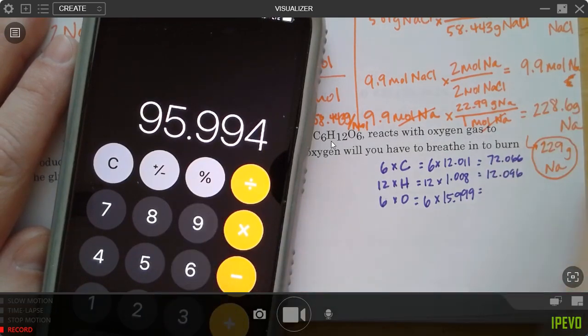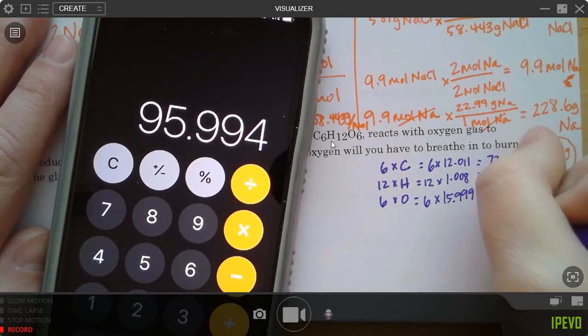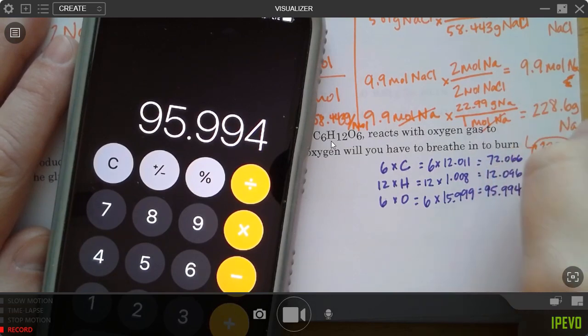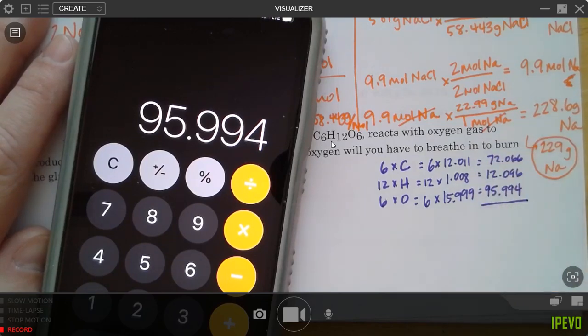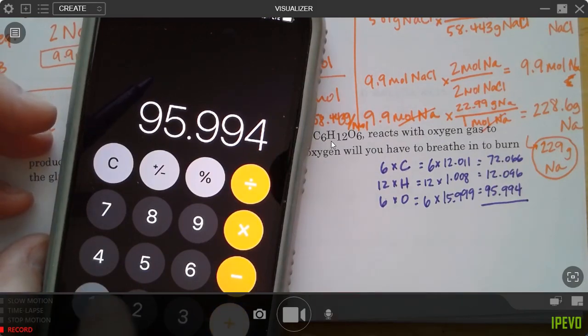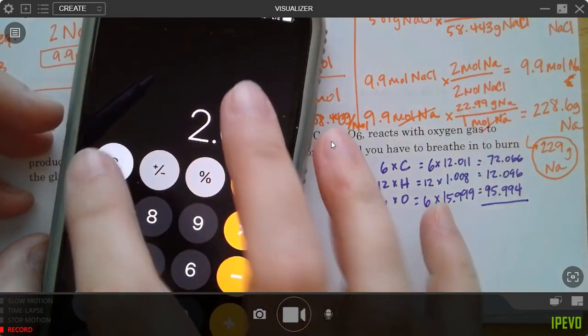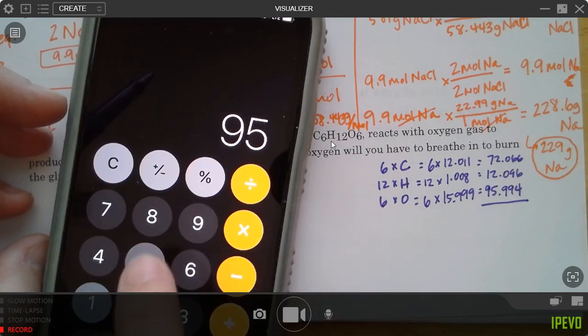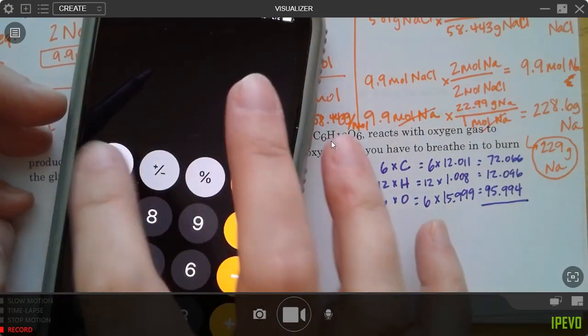And so basically what we have to do is account for the mass of each element in each molecule, so that we can measure them out by weighing them.